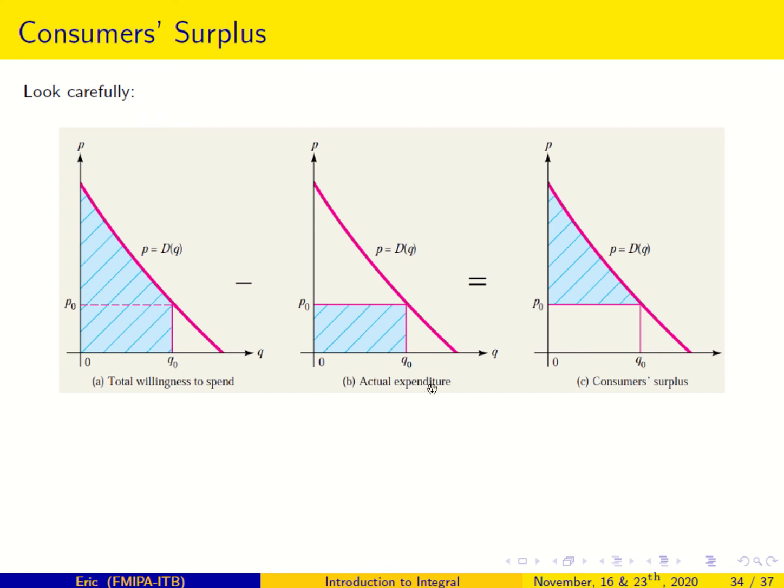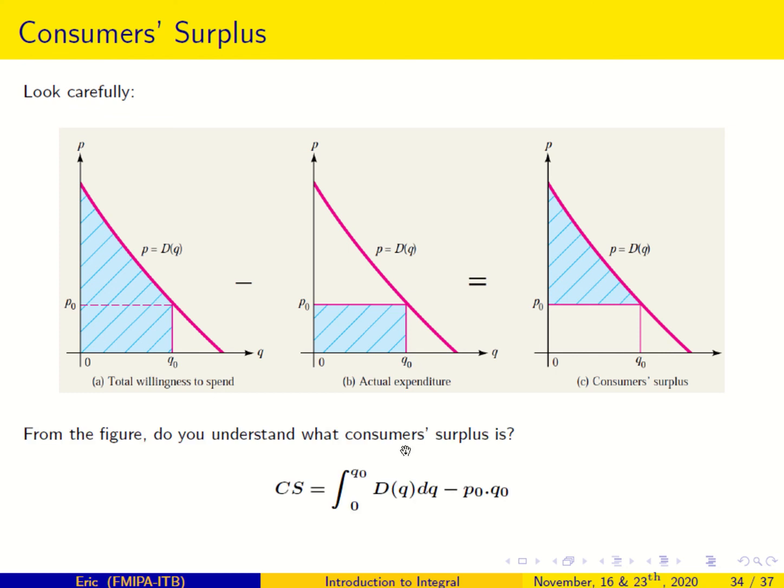But the total expenditure when you buy Q0 units at unit price P0 is P0 times Q0, the area of this rectangle. You are willing to spend this, but you just pay this. This is what we call the consumer surplus. The consumer surplus is the integral minus the area P0 times Q0.